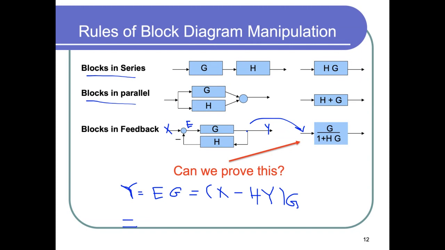Now this tells me what? Y multiplied by 1 plus HG, I'm moving this guy to the other side, is equal to X. Hence, Y over X, this is XG, sorry, is equal to G over 1 plus HG.